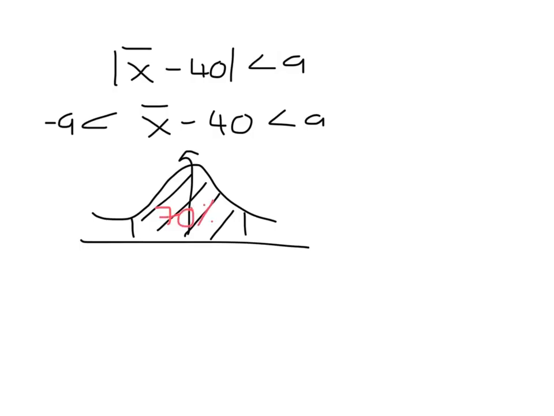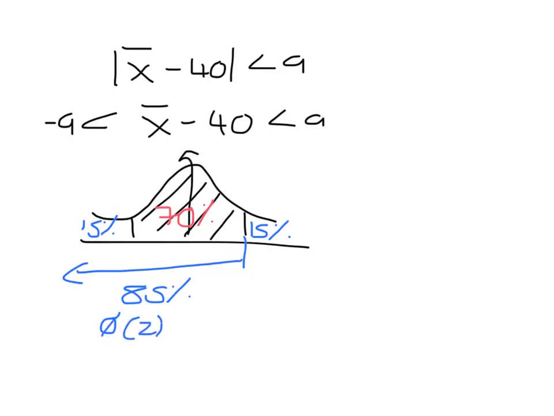That means that either end has to add up to 30, so this is 15% and this is 15%. But what do we know about our normal distribution curve? We go from this point right across to the left, which tells me I'm interested in an area of 0.85.